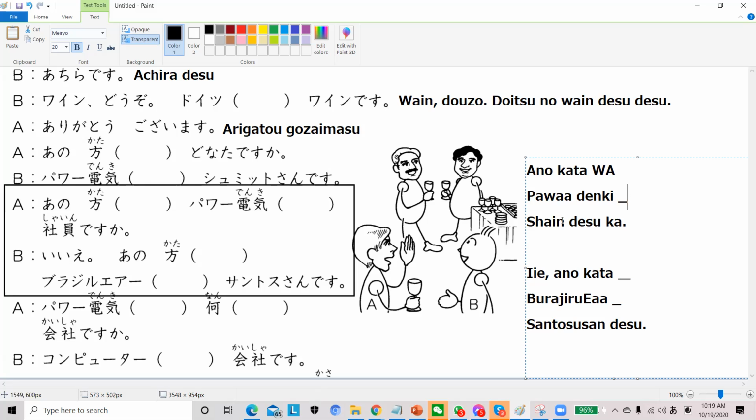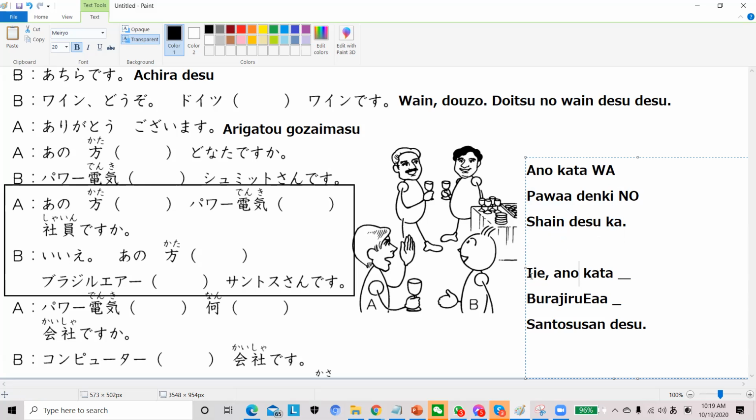So we have here shain. So that is the reason the particle that we use is no, right? Because we have a noun here, Pawa Denki, and we have shain, the employee. So we are saying here it is an employee of the company. It is the company of Pawa Denki. Okay, but it becomes ka, so it means here, is that person an employee of Pawa Denki?